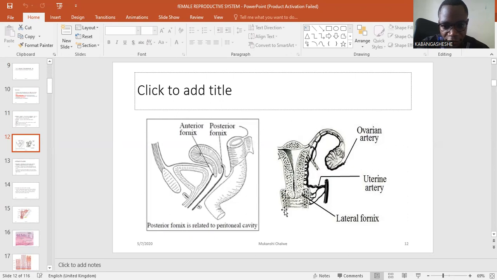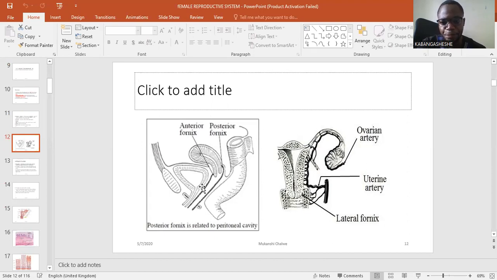Then we also have the lateral fornices, left and right. The posterior wall is longer, about 9 centimeters long, whereas the anterior wall is shorter, about 7 centimeters long.